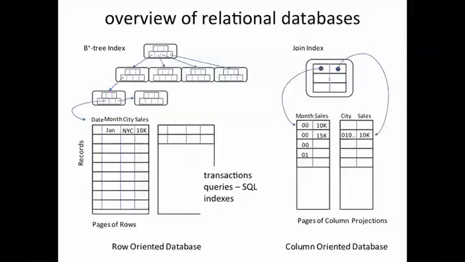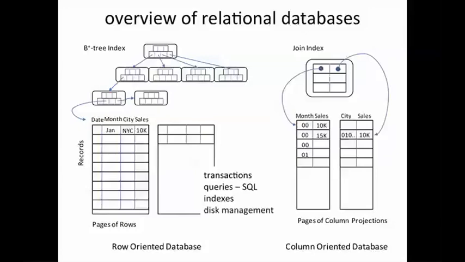The B+tree is the most common form of index, which is essentially like a binary tree, except that the interior nodes don't actually store data values, they only store key values, and the leaf nodes point to blocks of disk where particular combinations of keys are actually available to retrieve. Other types of indexes like hash indexes and bitmap indexes are also used, but B+trees are by far the most popular for indexing a row-oriented database.